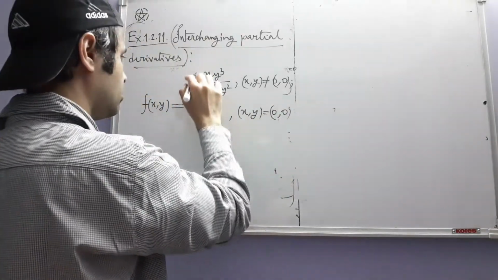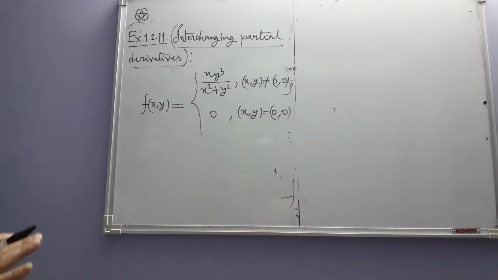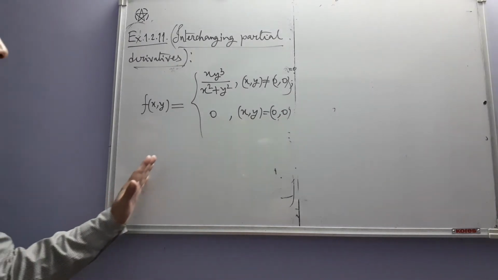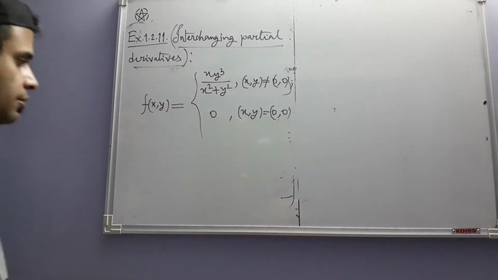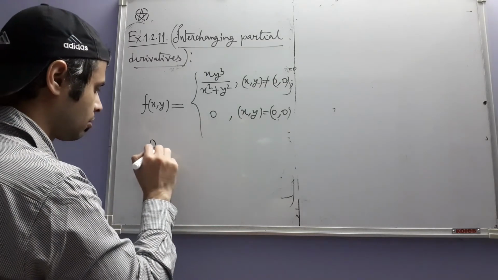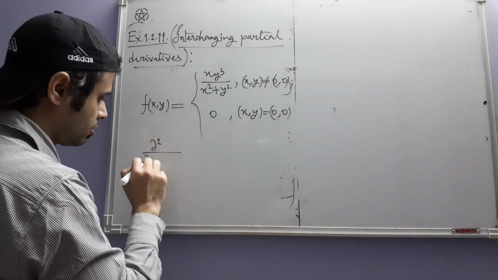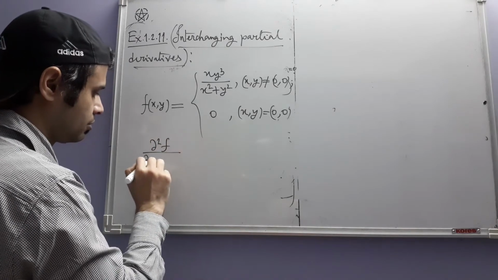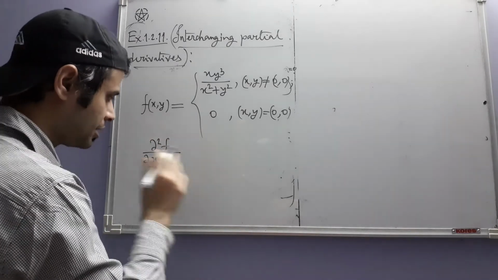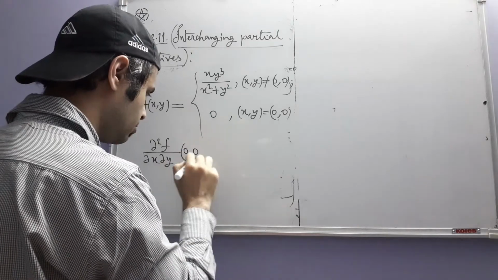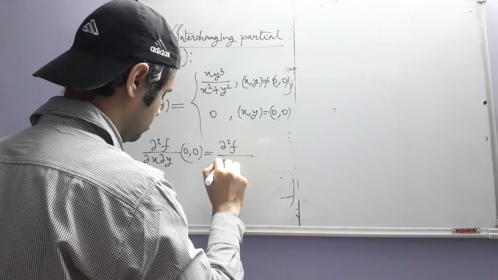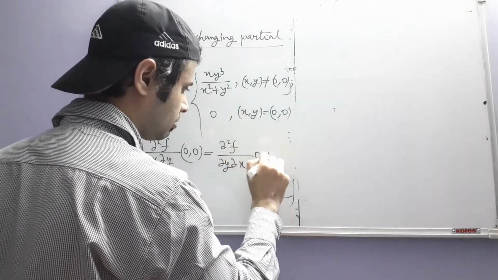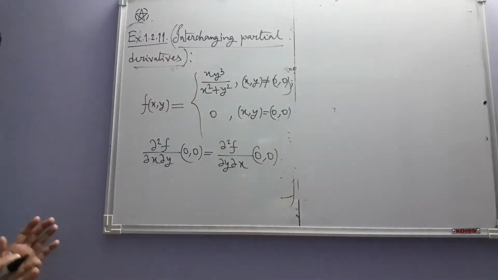Okay, we encountered this sort of functions when we study calculus of several variables, right? Now we want to know whether this is true. The second order partial derivative of f, this one, mixed derivative at 0, 0 is equal to the other one. We want to know whether this is true.